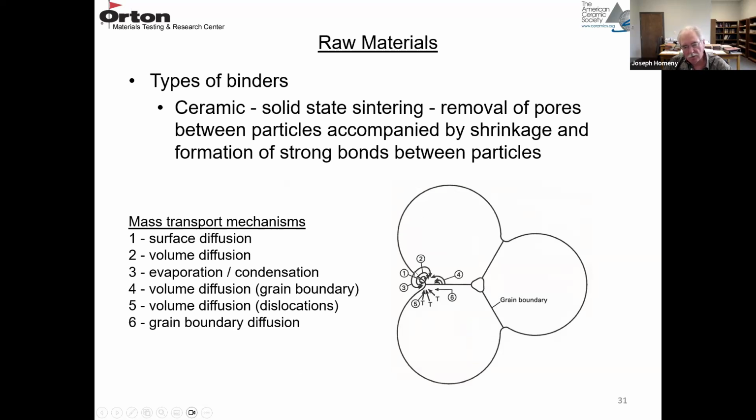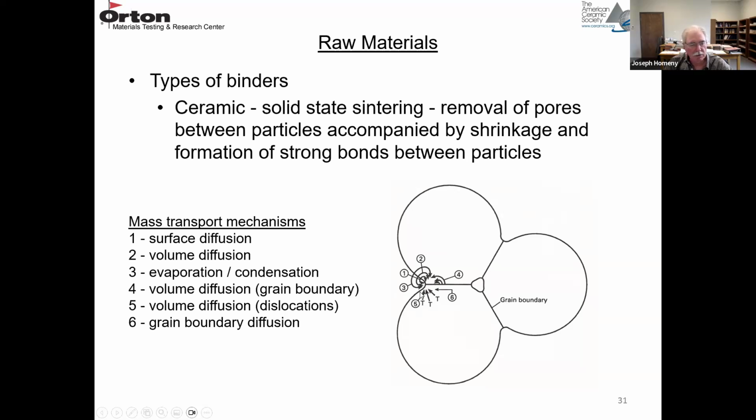Material moves along the surface and deposits in the neck region, which builds up the neck region. There's volume diffusion, where material moves from the volume of the particle to the neck region. There's evaporation condensation, where material evaporates off of the surface and deposits in the neck region.